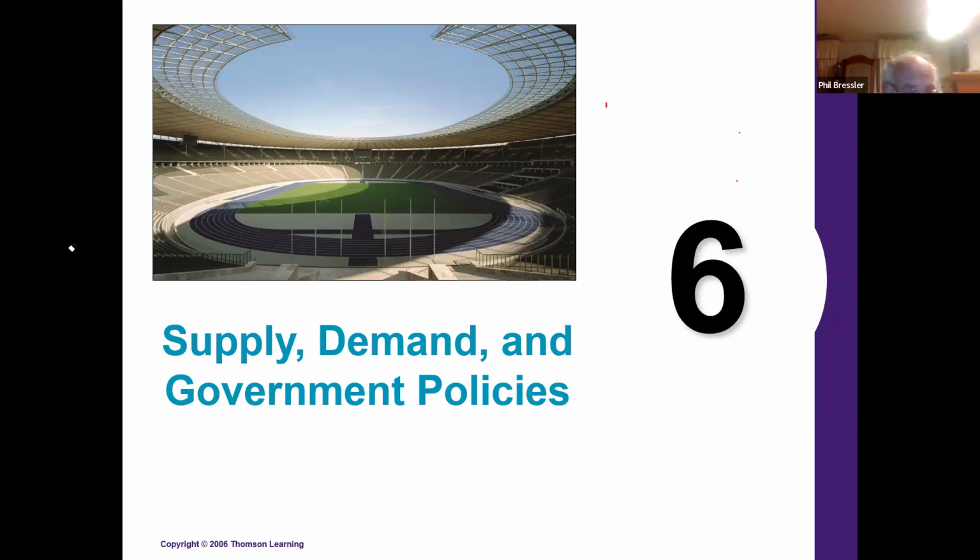So when price and total revenue are going in the same direction, inelastic. When price goes up and total revenue goes down, it's elastic. If price goes down and total revenue goes up, elastic.